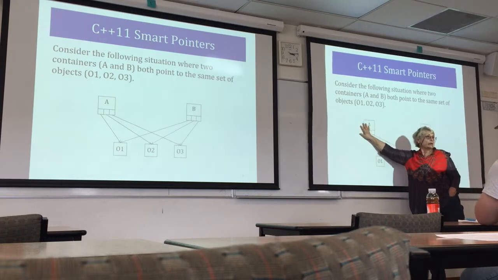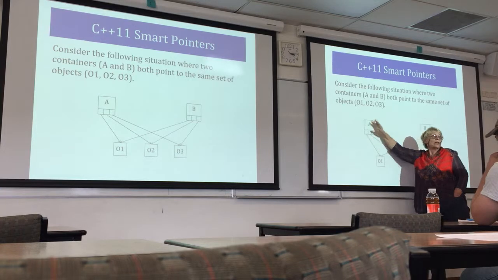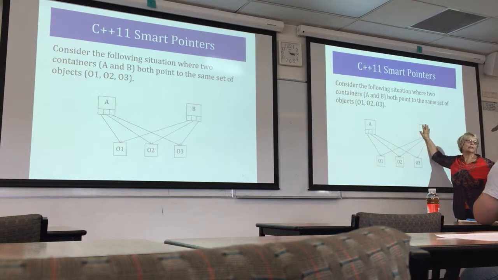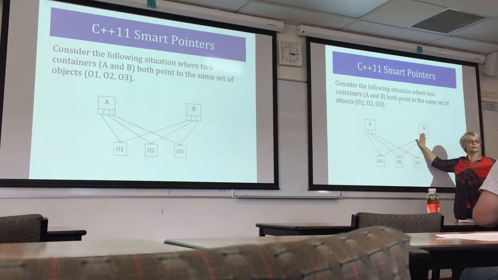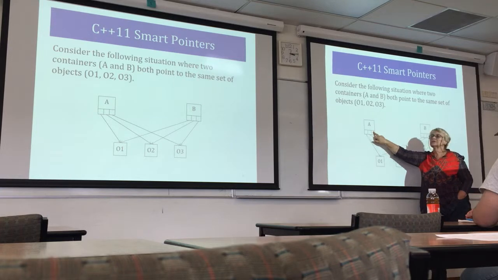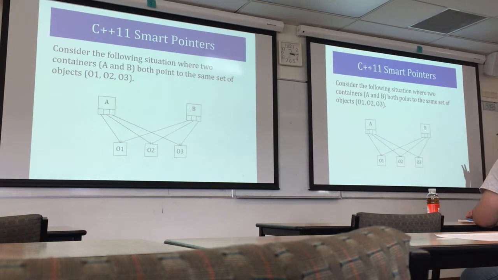Or maybe this goes out of scope first, and then this has to release the memory. Or only parts of this go out of scope first, and then this goes out of scope, and so on. So there are a lot of combinations, and you can't provide a solution for each one.